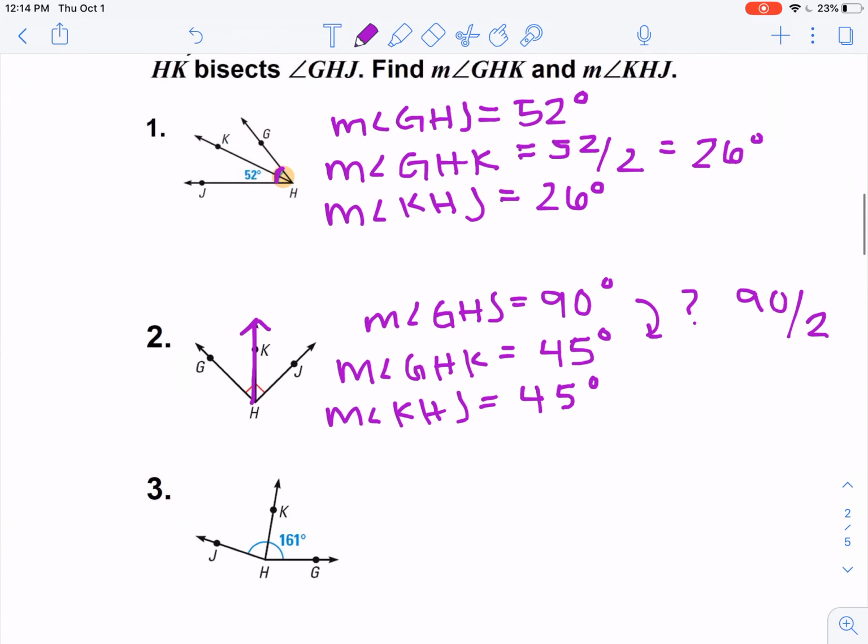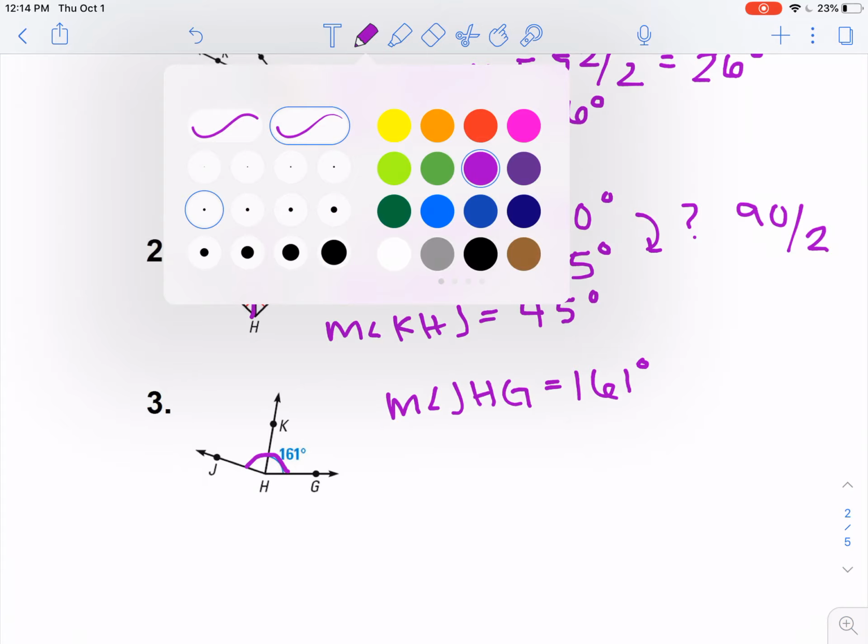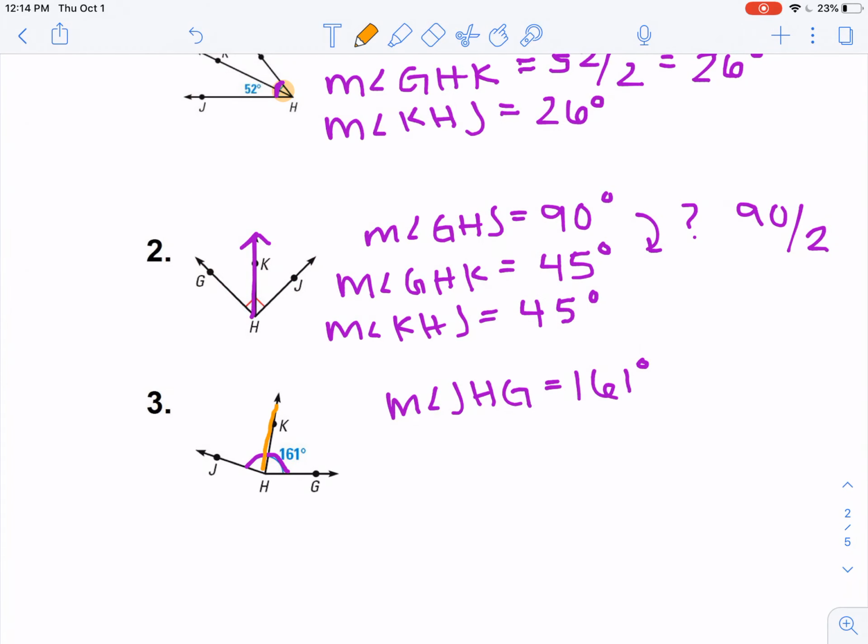Alright, finally, JHG. See how they give us the loop and then the measurement? That means that the whole thing, the measure of angle JHG, is 161 degrees. And we know that HK is bisecting it. It's going right through the middle. So what does that mean the measure of angle JHK is? It would be 161 divided by 2.